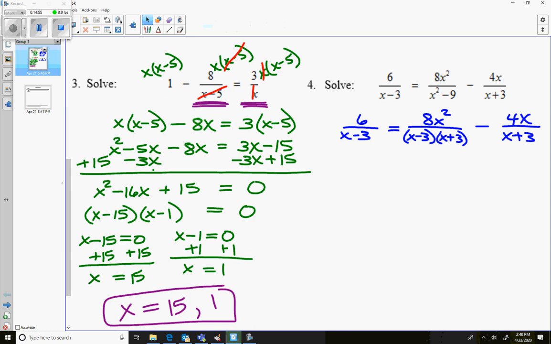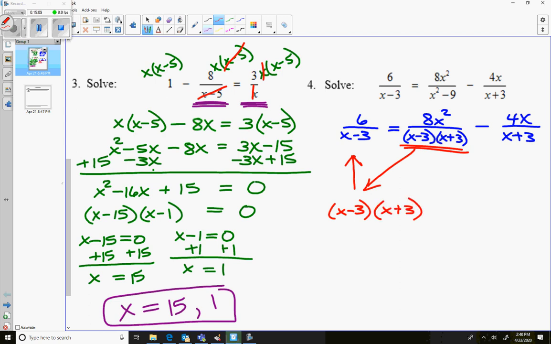Now, with that being said, this one tells us we need an x minus 3. This one tells me I need an x minus 3, which I've already got, as well as an x plus 3. And then this one says we need an x plus 3, which I've already got.